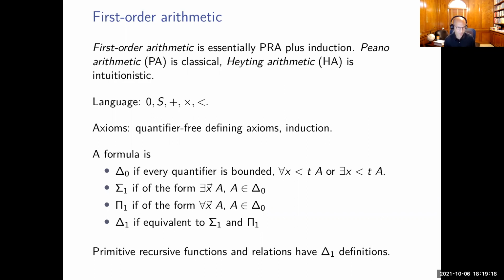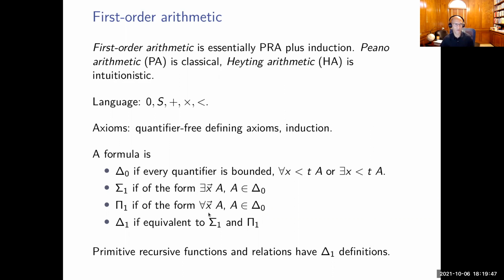And we will care about the complexity of formulas. We'll say a formula in the language of arithmetic is delta naught if there are no quantifiers except for bounded quantifiers. Think of the delta naught formulas as explicitly finitely checkable properties. Then we'll care about sigma-1 formulas, which are delta naught formulas preceded by some existential quantifiers, so think of those as making existential statements.